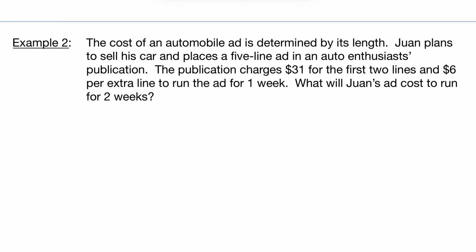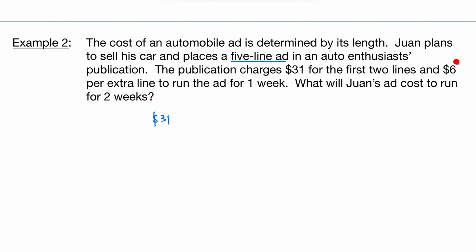So the question here is, what will Juan's ad cost if he were to run it for 2 weeks? Okay. So Juan is placing a 5-line ad, okay? 5-line ad right here. And we know that the publication charges $31 for the first 2 lines, okay? So we know that Juan is going to incur a cost of $31 for the first 2 lines.